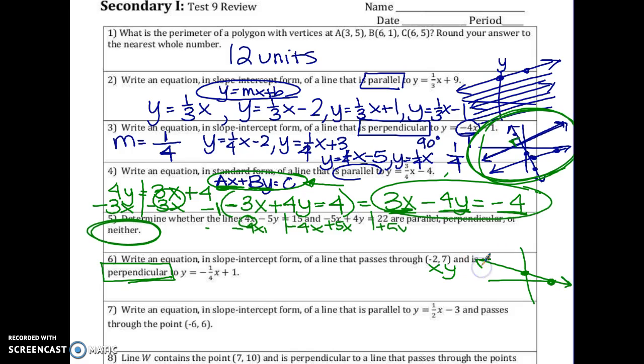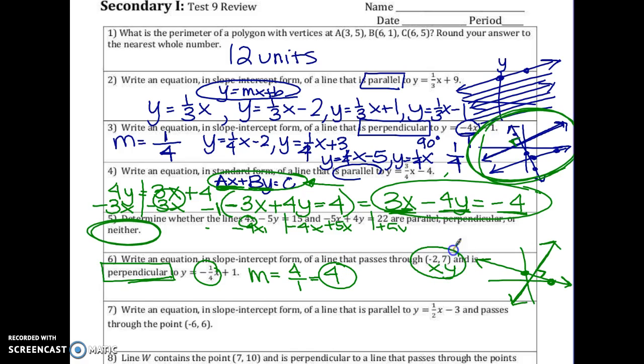If I want perpendicular, I need it to be going 90 degrees. I know that doesn't quite look 90, but it needs to be going the opposite way, so it needs to be positive, and the fraction flips over. So my perpendicular slope is going to be positive 4/1, which is just 4. So that's my slope, perpendicular.